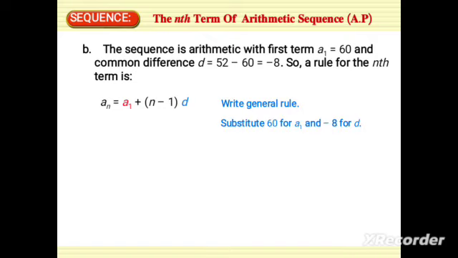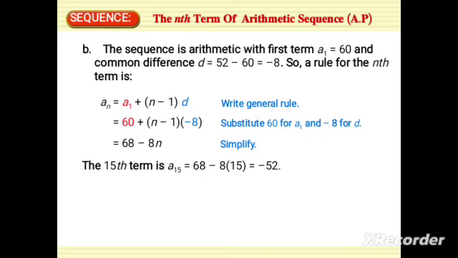But now we are going to substitute for the first term and the common difference, after which we shall simplify. So we have 60 plus (n minus 1) multiplied by negative 8, which is our common difference. From there we do the simplification, where we have now 68 minus 8n.